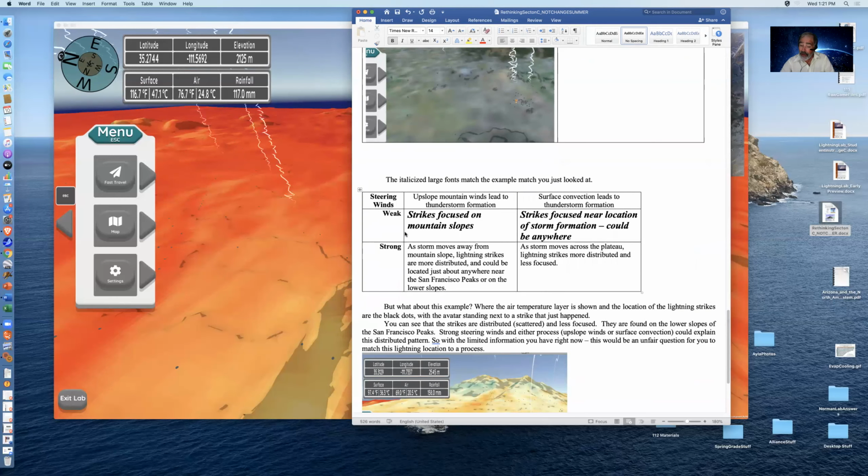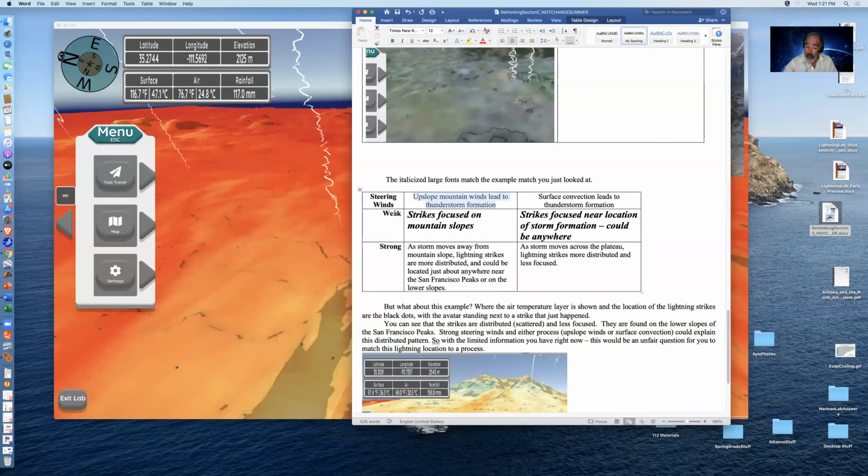So you can think of the process that you're going to go through in this lab as you learn about these things. With weak steering winds, you can probably know that strikes focused on the mountain slopes will be from upslope winds leading to thunderstorm formation.